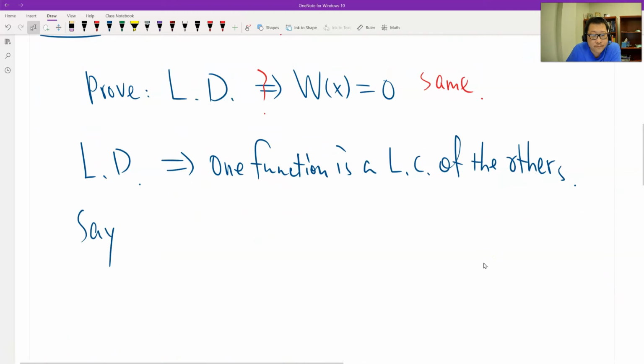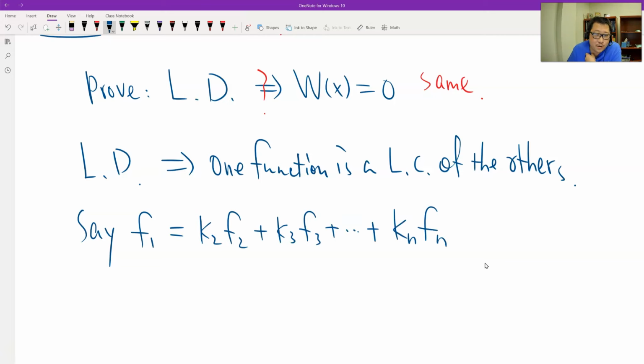Let's say the first function f1 is a linear combination of the others.